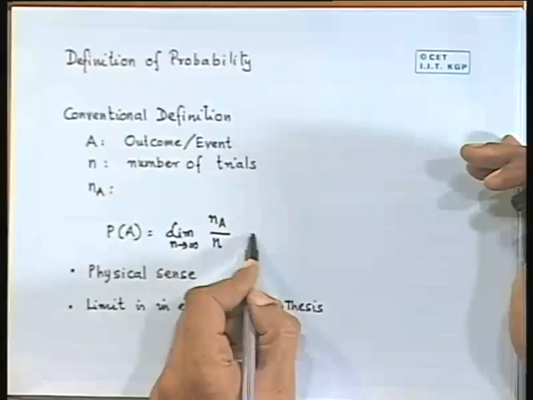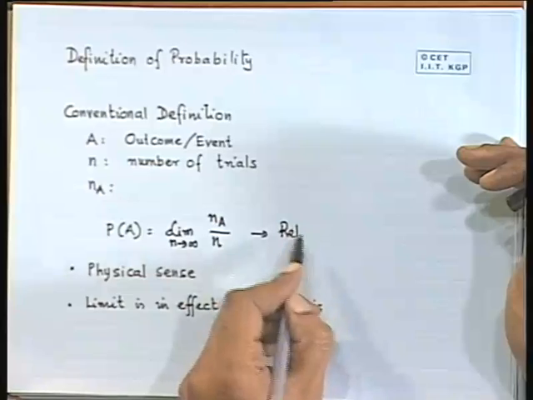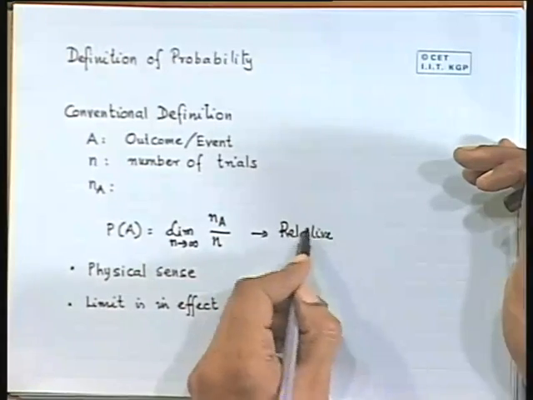No. So it is expected that if you go on tossing the coin in a fair manner, then for very large n, n head by total number of tosses will approach 0.5. This is an idea, right? So this is what is known as the so-called relative frequency definition of probability. This is called the relative frequency, Na by n.